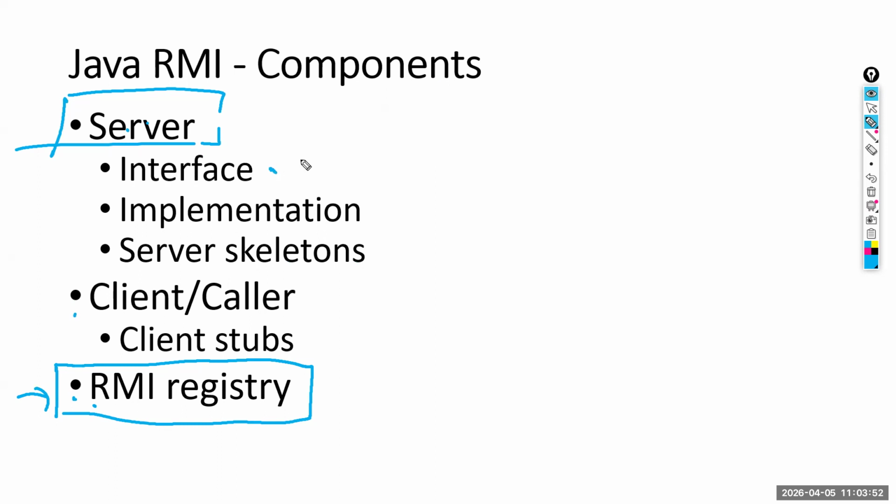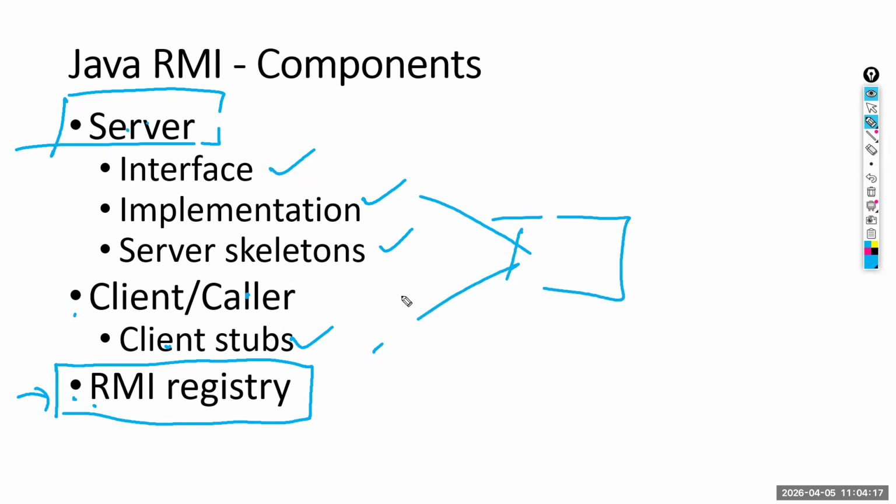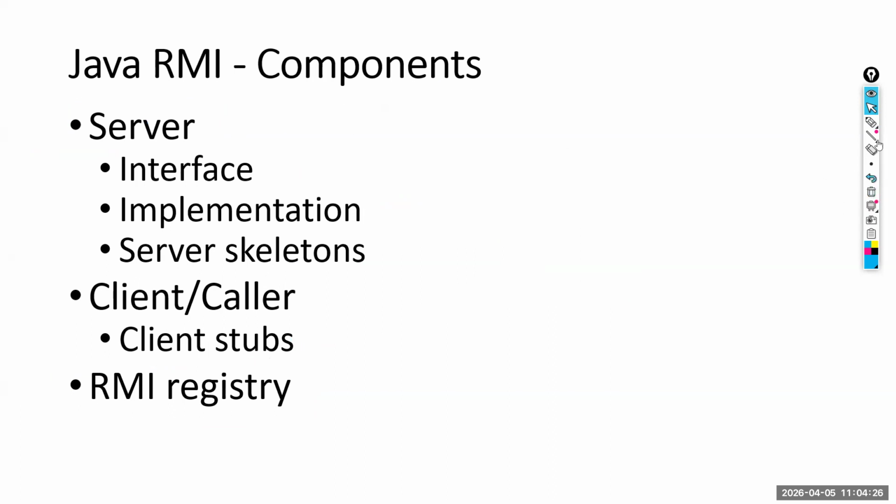It must have the interface, implementation, and server skeletons. A client machine must have the client code plus client stubs. The RMI registry will say how to call your server skeletons, as long as the server has published it to the RMI registry.